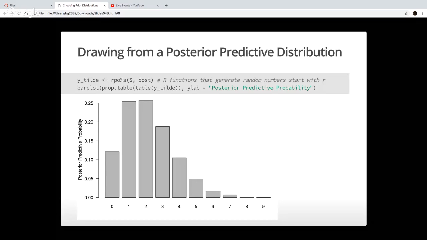I can make a histogram or a bar plot or whatever of those because it's discrete.